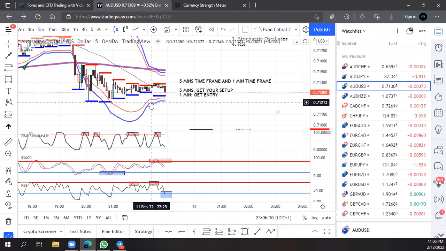Once we've identified the setup, now we need a short entry. What the 1 minute time frame does for you is help you identify the closest, the fastest, the nearest entry you can take the trade.